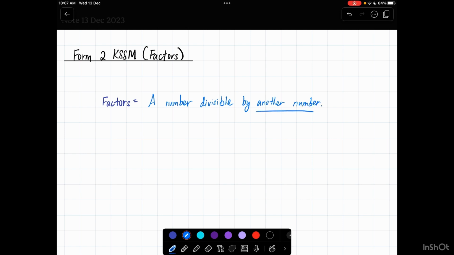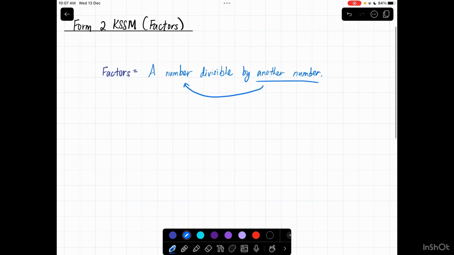This other number will be the factor of the number right here. Or in simpler words, this number right here, let's assume it's x, will appear in the multiplication table of another number, which we can assume as y.